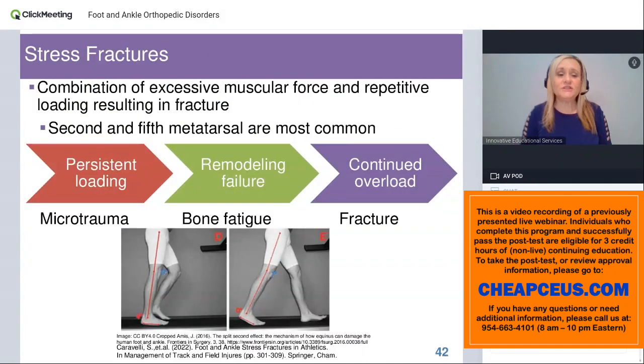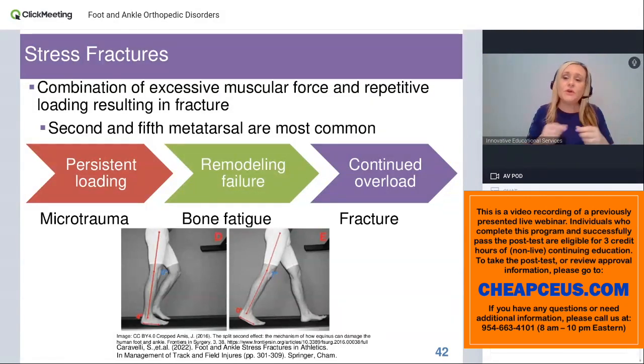Stress fractures can also occur in our patients, looking at the bones of the foot. Some of the thoughts related to stress fractures is that there's persistent loading on the foot, whether the individual is doing repetitive running or they have a job where maybe they're using a jackhammer or they drive a piece of equipment where their foot is on the brake or just on a surface that's vibrating and moving a lot, creating force coming up.